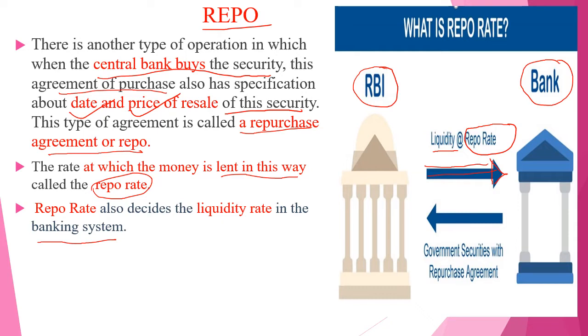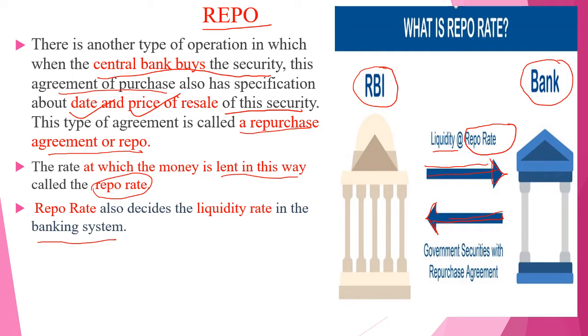That means when the Reserve Bank of India gives money to a commercial bank, some security is needed. That is why the Reserve Bank of India buys government securities from commercial banks.